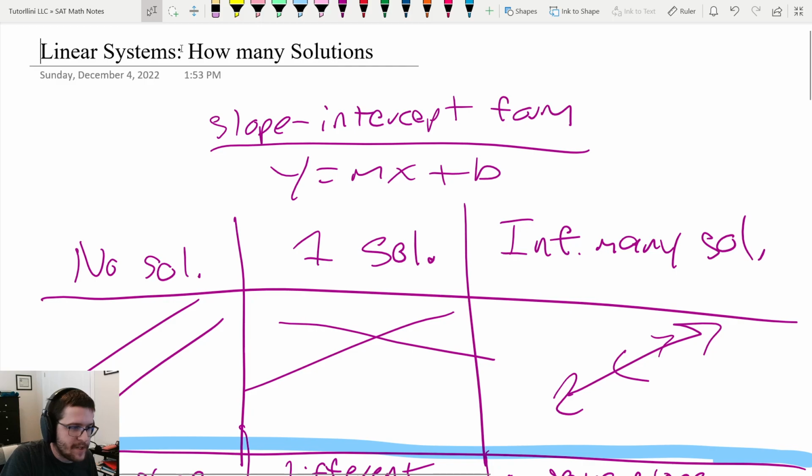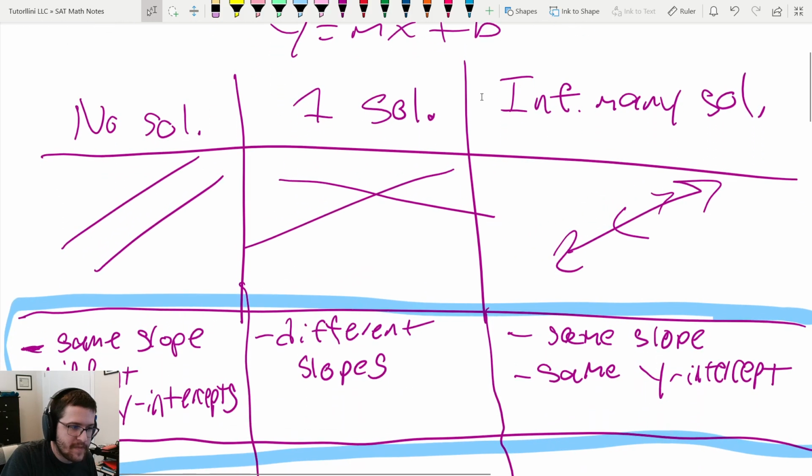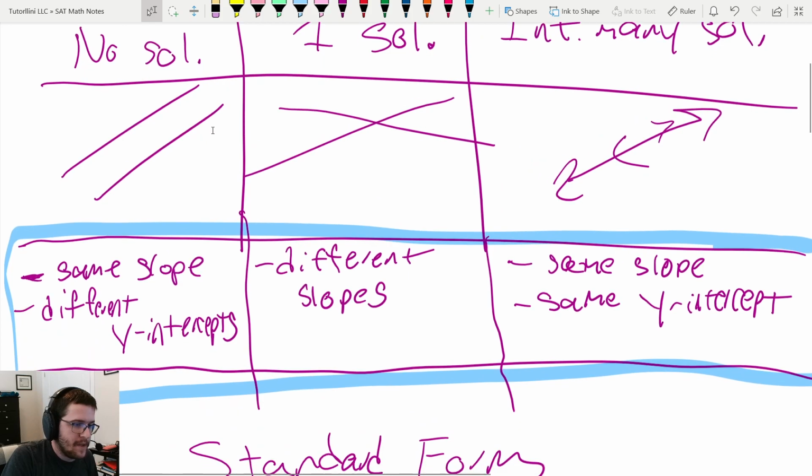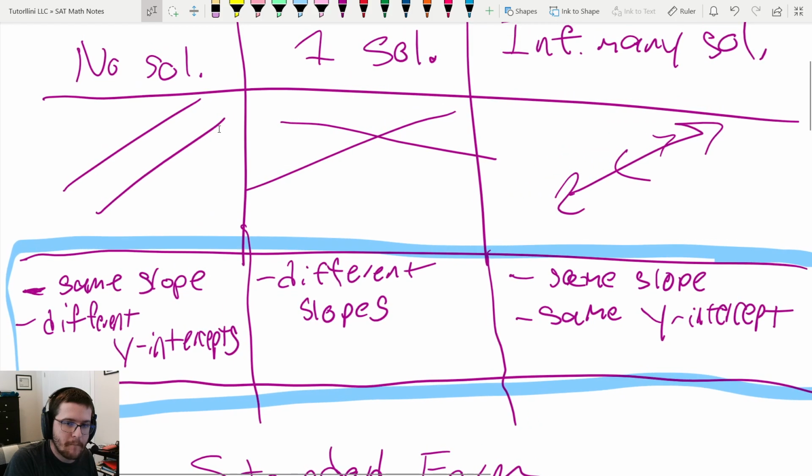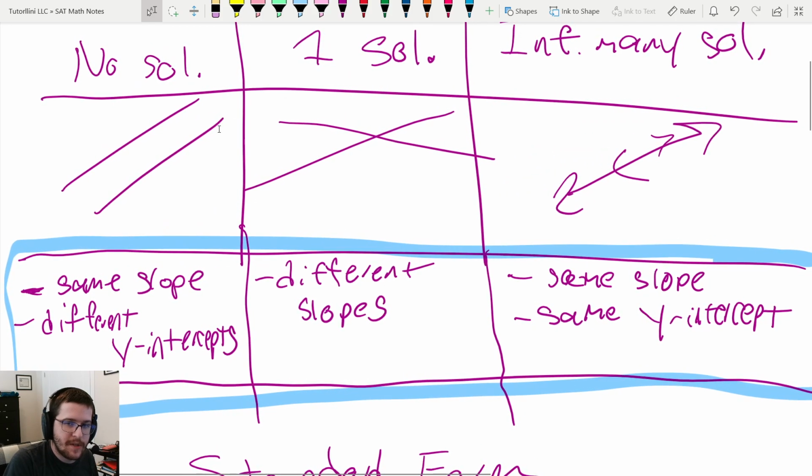So whenever you have linear systems, how many solutions in slope-intercept form? This is what you need to know. No solution, we call that parallel. They have the same slope and different y-intercepts. One solution, we call those intersecting lines.